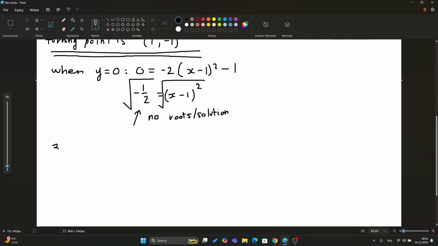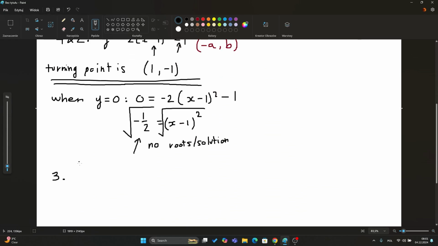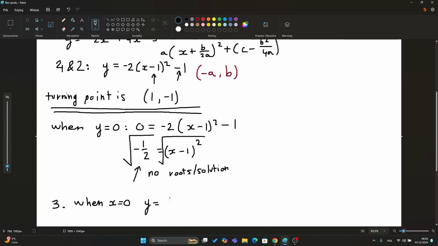Now the third thing we have to do is the y-intercept. So when x equals 0, y equals -3.